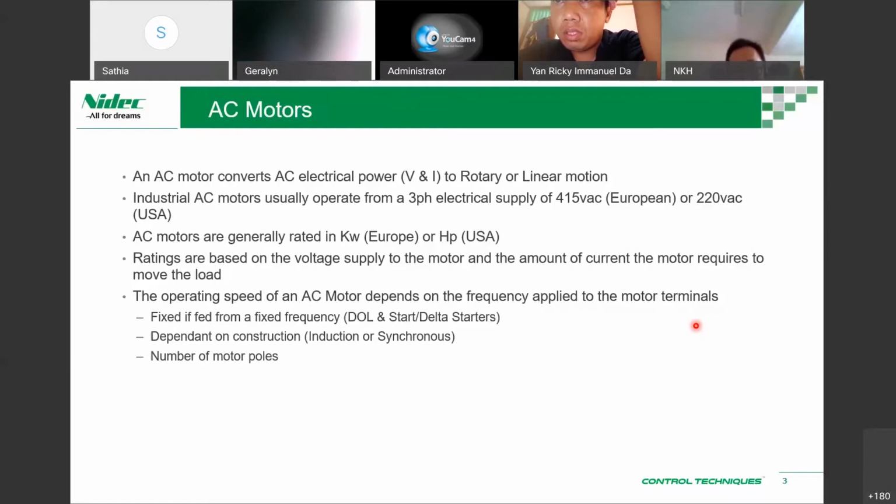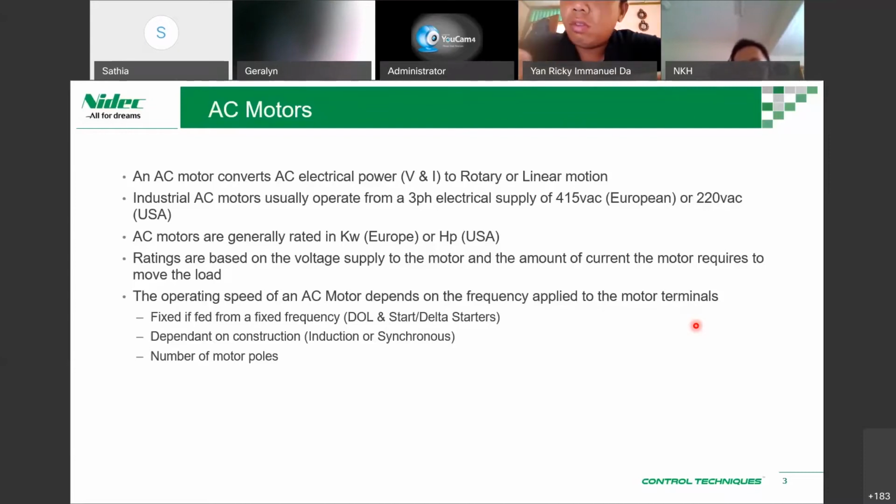Ratings are based on the voltage supply of the motor and the amount of current that the motor requires to move the load. When we talk about load, it's basically our power rating, the work that's getting done.